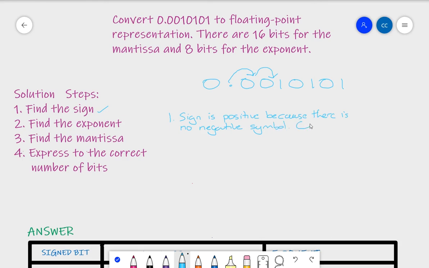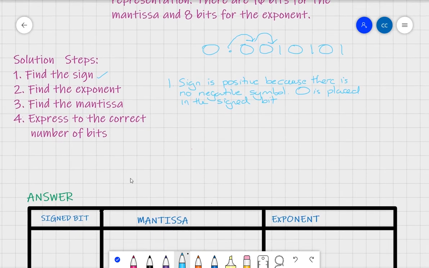So 0 is placed in the sign bit. Okay, so let's go down here and put that in.